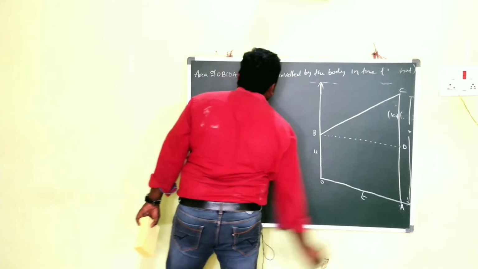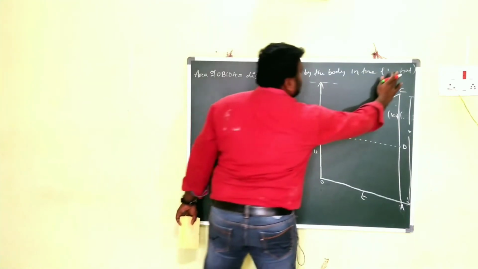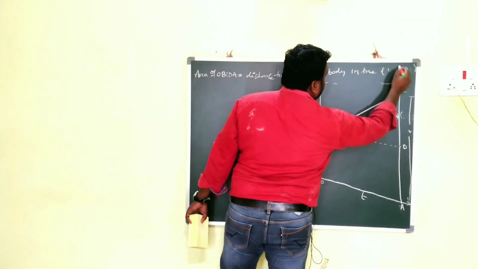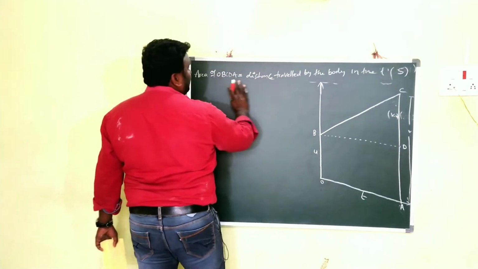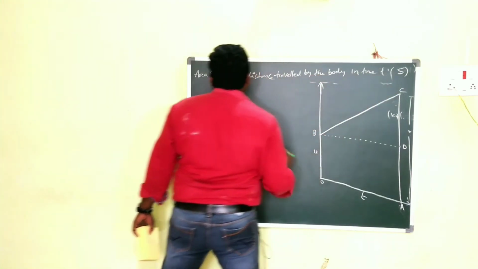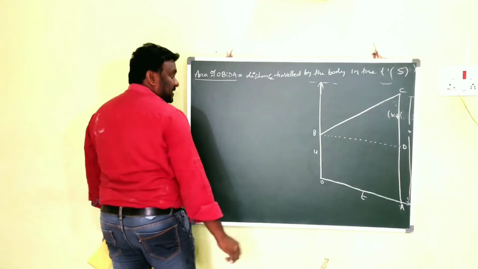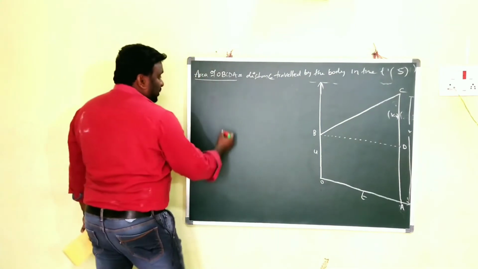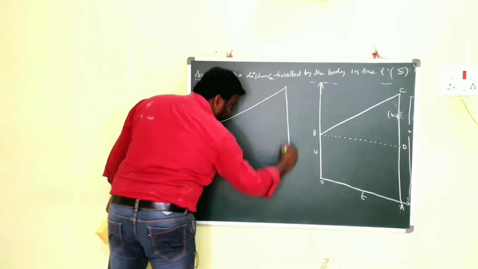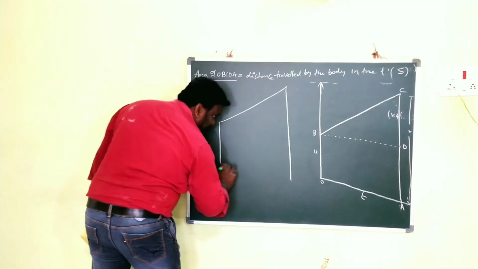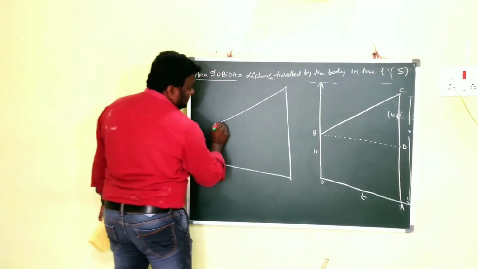That is S. Distance traveled by the body in time t seconds is the area of OBCDA. Clear, children? Now I am drawing the same thing like this.